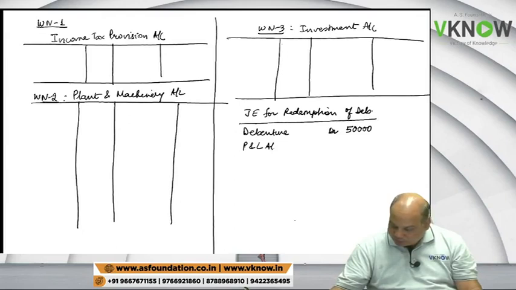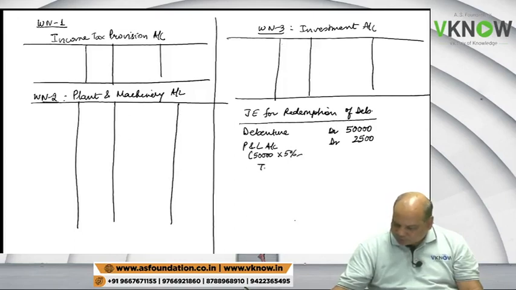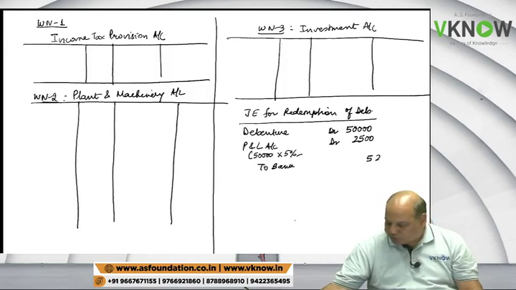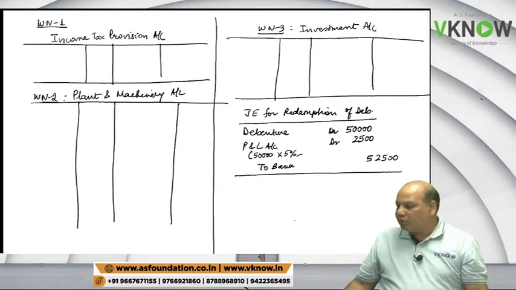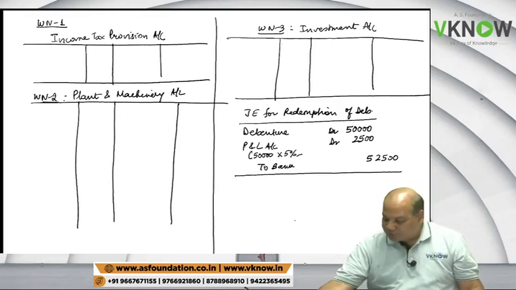P&L account debit will be 2,500, that is 50,000 into 5% premium, and to bank account 52,500. This is the net effect of this redemption. Debenture 50,000 got reduced.